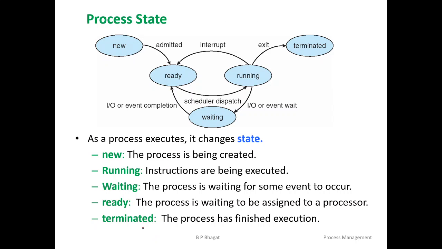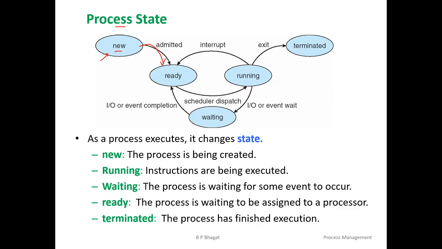Now let us see the process state. Once the process is in execution, it has several states, or it may change its state. As soon as a new process is created, we call the state new. Once the process is created, it is admitted into the ready queue, ready for execution by the CPU.